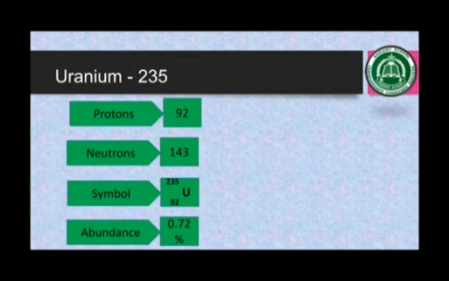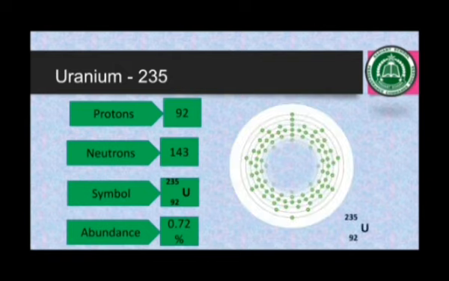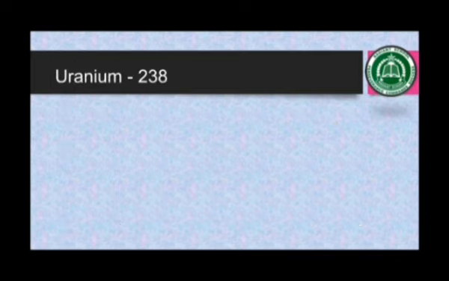It means U-235 is present naturally at 0.72%. In the structure of uranium-235, it has 92 protons and 143 neutrons inside the nucleus, and 92 electrons revolving around the nucleus in different shells. The next isotope of uranium is uranium-238.